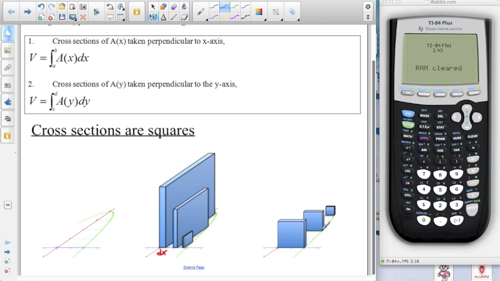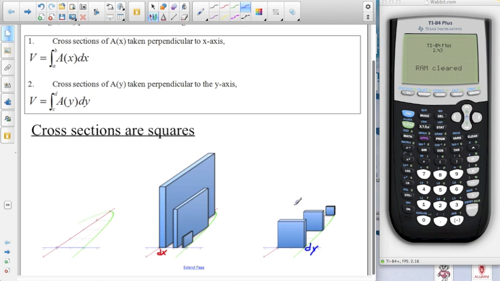Likewise, if I take that same base, which is nothing more than a parabola in the first quadrant, and stack up square prisms along the y-axis, so that we have this incremental thickness dy, then I would stack these square prisms up from the x-axis all the way to the vertex of the parabola, and again those prisms would get successively smaller, and I could form a solid that way.